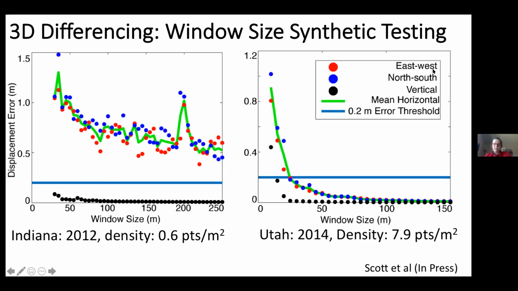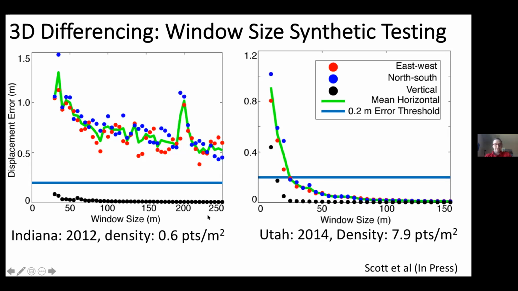In contrast, on the right, looking at the Utah data set, with much higher point density, we see that at about 20 to 25 meters, the error does go beneath this error threshold. And so for this Utah data set, we would define the ideal window size as about 20 meters.